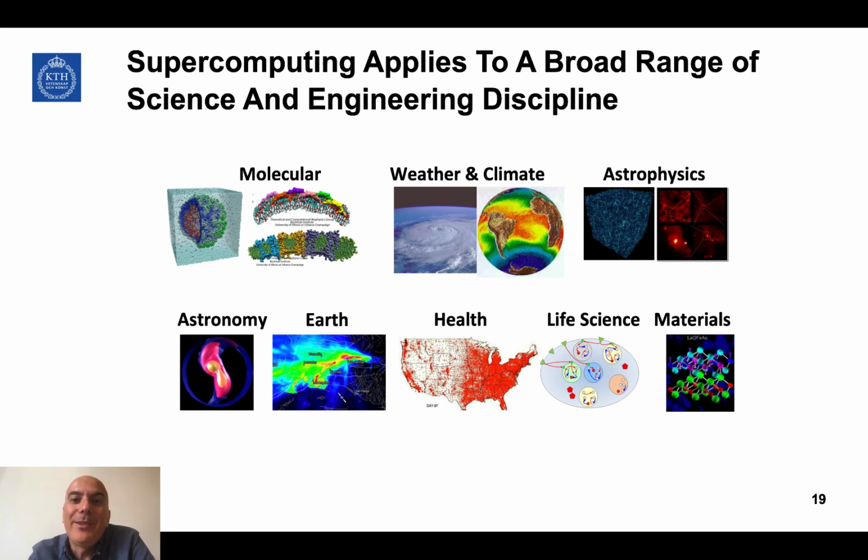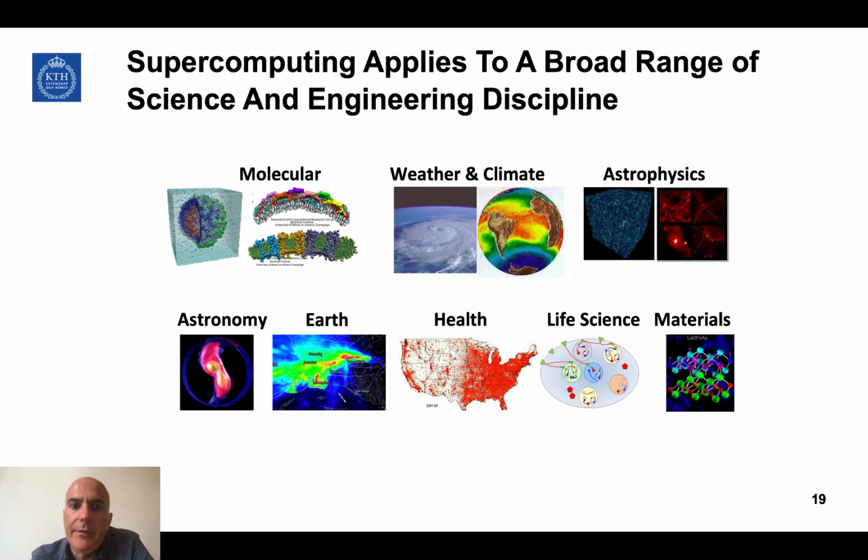It's also important to understand that what you learn in this course can be applied to a very broad range of science and engineering disciplines. For instance, some of you might have heard of using GROMACS or LAMMPS for molecular dynamics. The workforce for any weather forecast prediction is an HPC system.